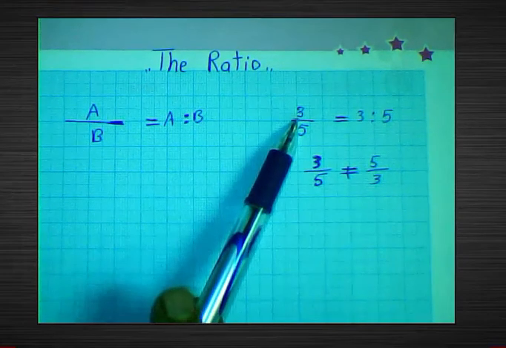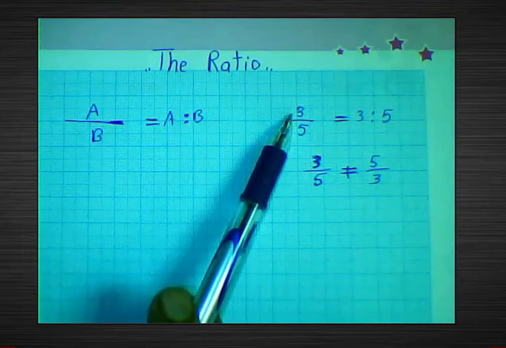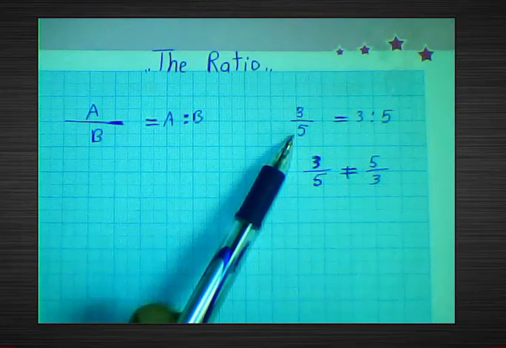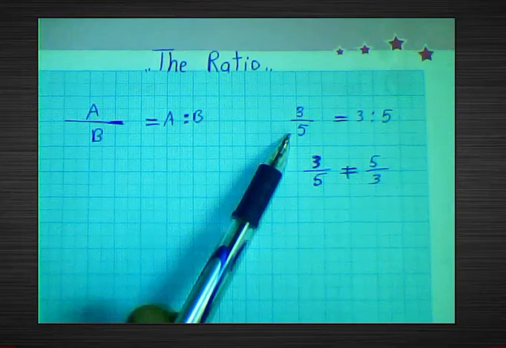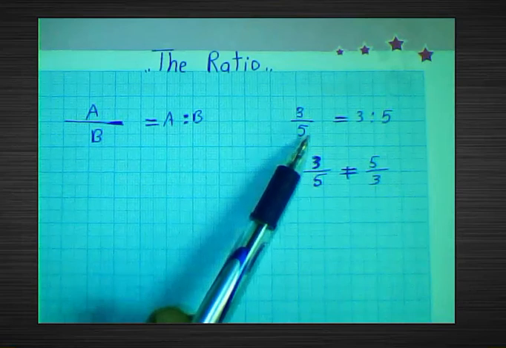3 is the first term, or antecedent. 5 is called the second term of the ratio, or consequent.